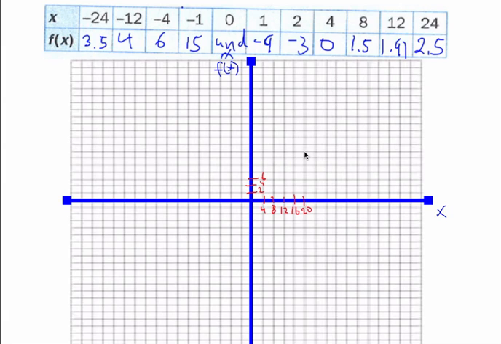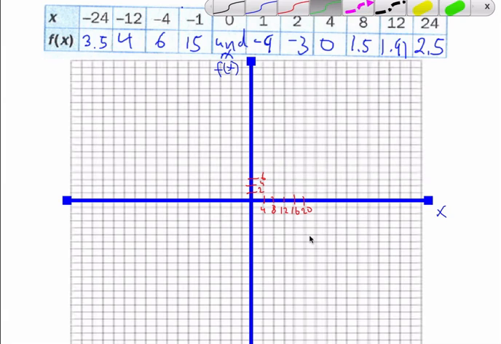Okay, so let's plot the points. We have 1, negative 9, so that's 1, and we're going down by 2, so it's 2, 4, 6, 8, negative 9 is right there. And actually, maybe I'll use a different color. Oops, sorry, that's 1, negative 9, so just let me undo that.